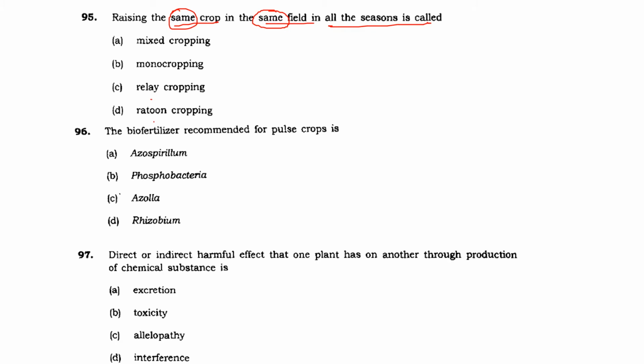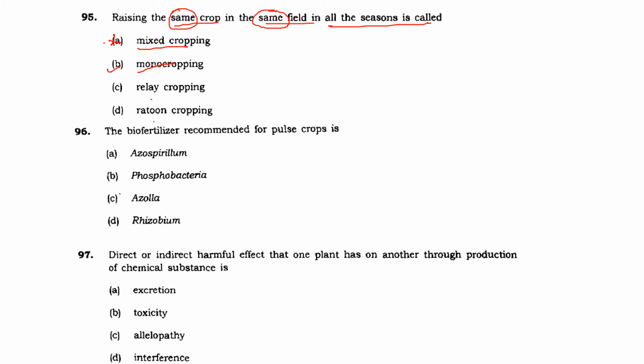That means it can't be mixed, because in mixed cropping, of course, there will be more than one crop. Monocropping, mono means same, so monocropping is that type of cropping where only one type of crop is grown in the same field for all the seasons. So the answer will be monocropping.